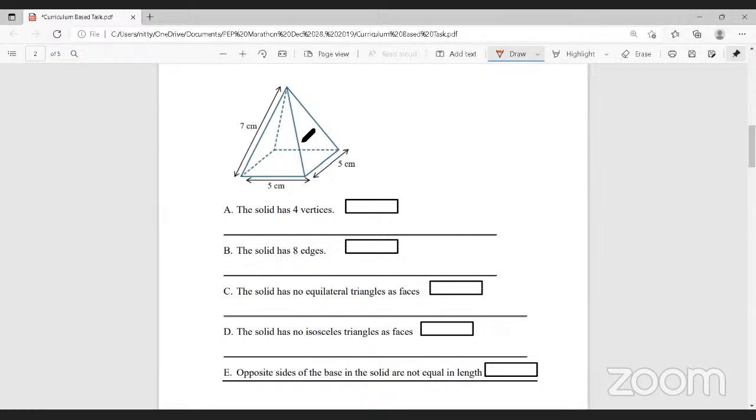Why do you say false, Rankin? Because if you say false, we have to write what is the correct thing then. Tahira says false and Brittany says false. So what is the correct thing? Remember, if it's true, we write true, but if it's false, we need to write false and give the true statement. So Chrissy says it has 5 vertices.